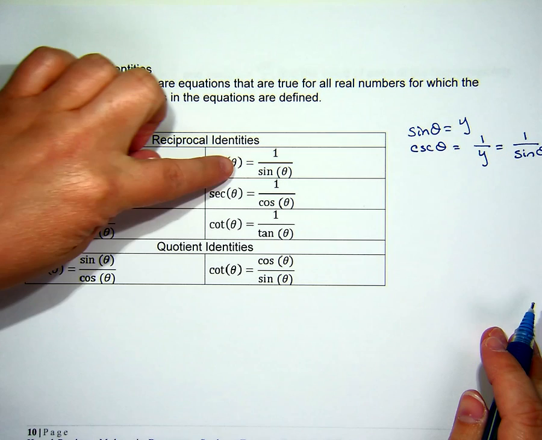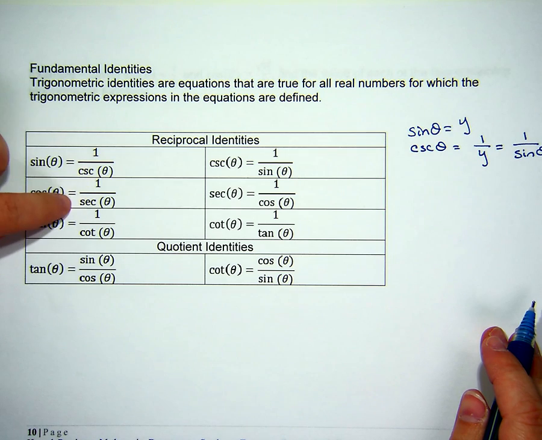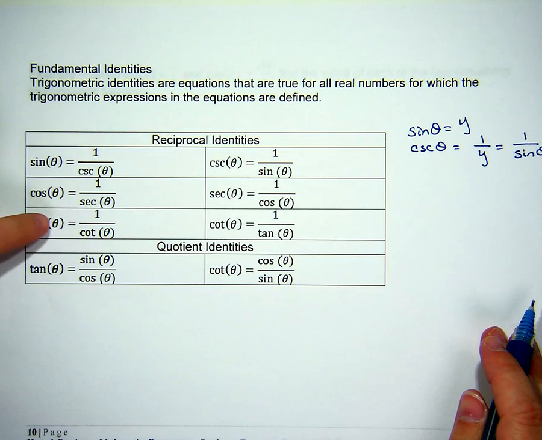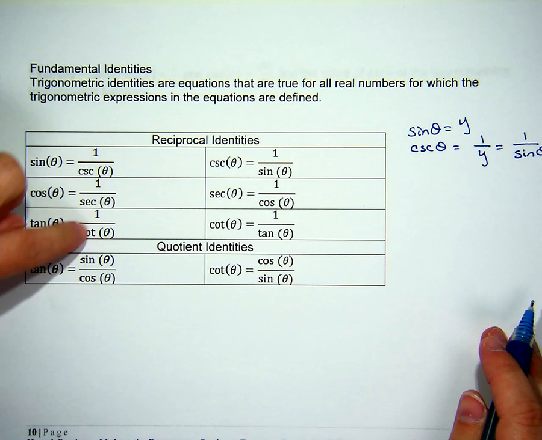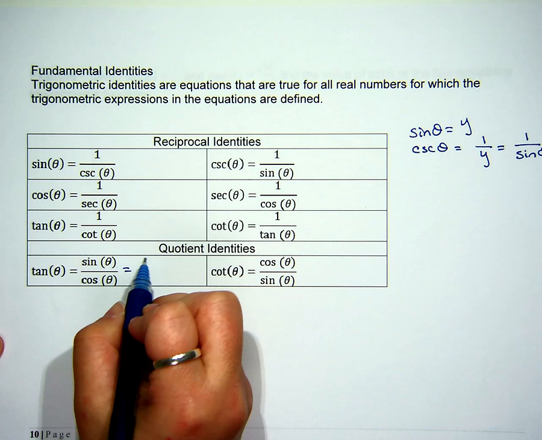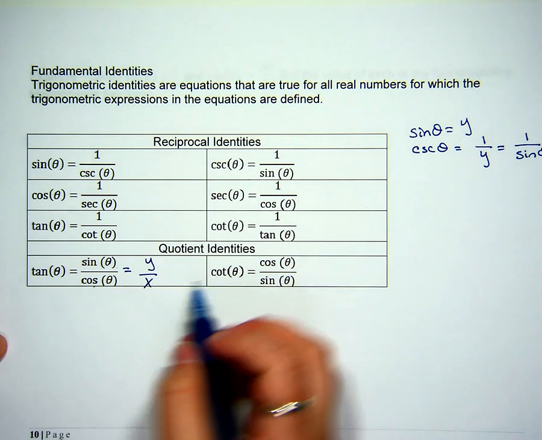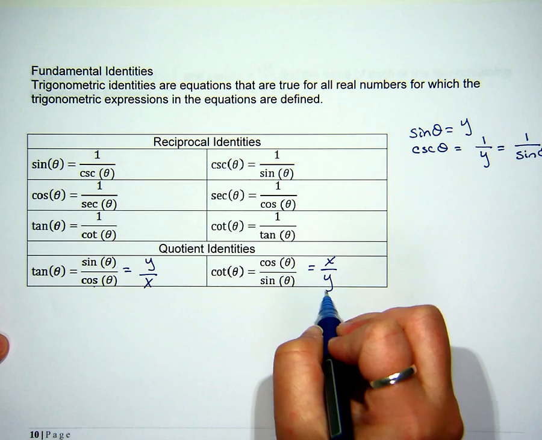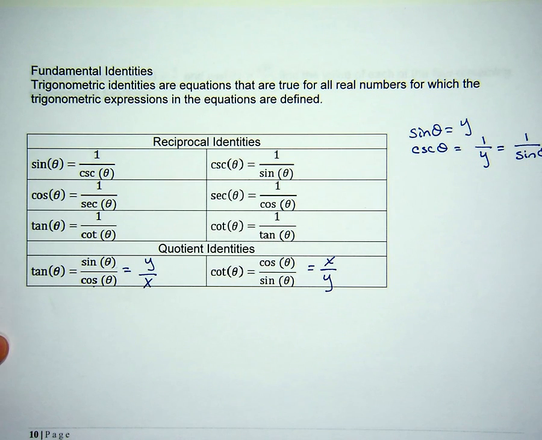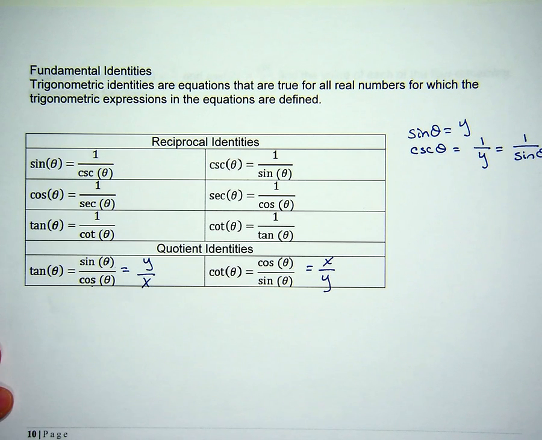So these are our reciprocal identities. Cosine's 1 over secant, secant's 1 over cosine, cotangent is 1 over tangent, tangent is 1 over cotangent. Quotient identities. Tangent is known as y over x, so sine over cosine. Cotangent is x over y, so cosine over sine. And we'll use these a lot throughout the next sections.